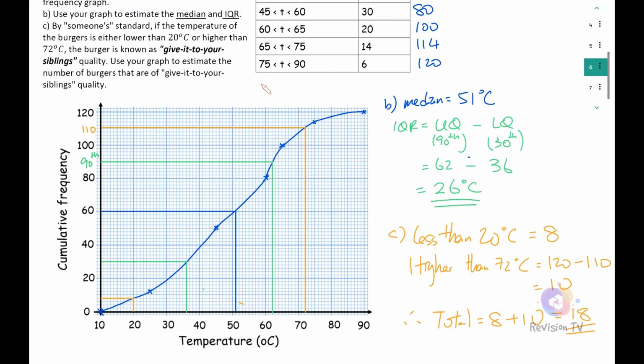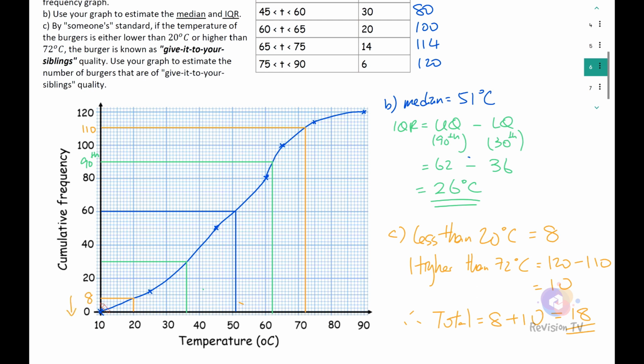Okay. Question C, an interesting one. You have to find out how many burgers are lower than 20 degrees, and how many burgers are above 72 degrees. So let's go one by one. 20 degrees, I use orange for part C. So go up and then go across. The increments go up by 2, so there are 8 burgers that are less than 20 degrees. So let me write 8 in there.